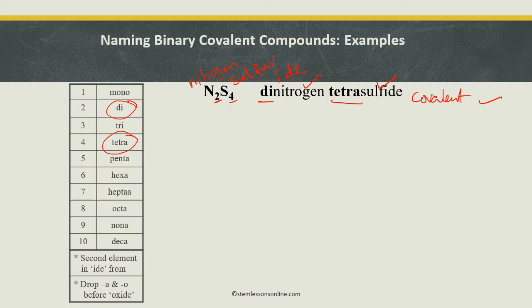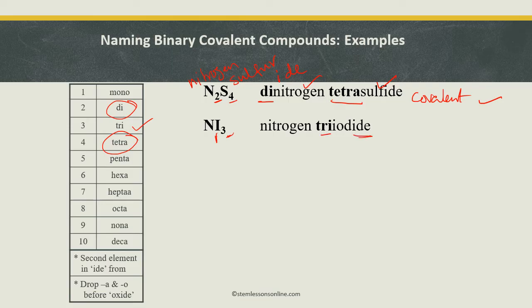Okay, so the next example is NI3. How many nitrogen are here? Only one. If it is one, I don't have to write mono because it's the first element. And there are three iodine here, so three means I have to put tri. So what is the name going to be? Name the first element as such, nitrogen, and the next one is triiodide, IDE.